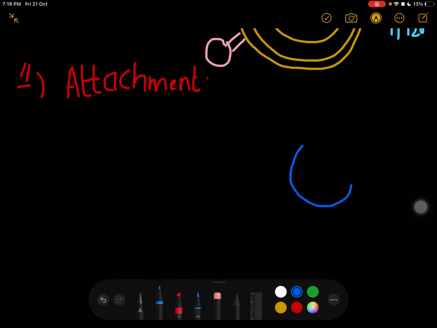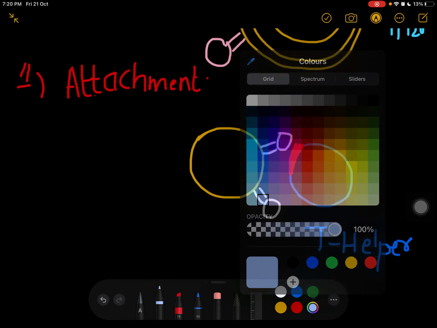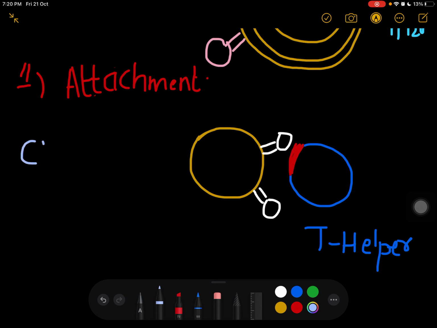For example, consider this is a T helper, and this is the virus. You may be wondering why it is attacking the T helper. Because the T helper contains a receptor known as CD4. What does CD4 mean?